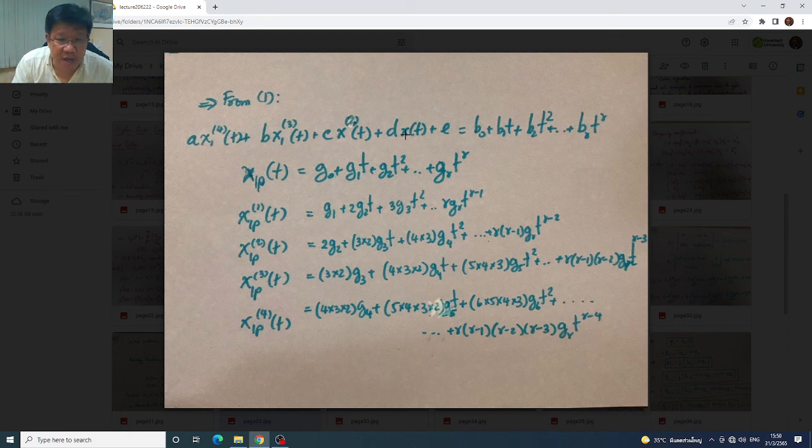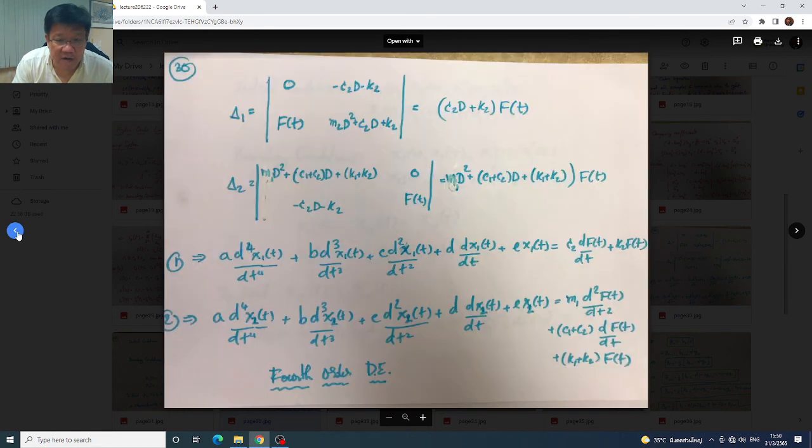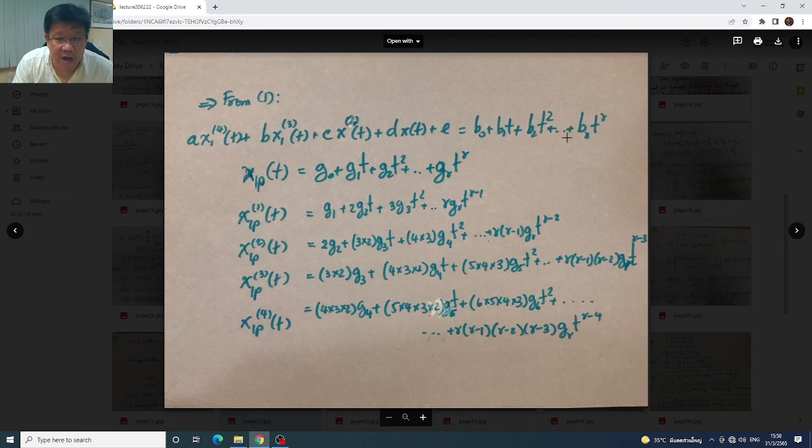There's a mistake here. This one, the parameter d times the first order of x of t plus e, the zero order x of t. So the left hand side here should follow this one. It should follow the equation here. It should be the right one, and this is the right hand side.